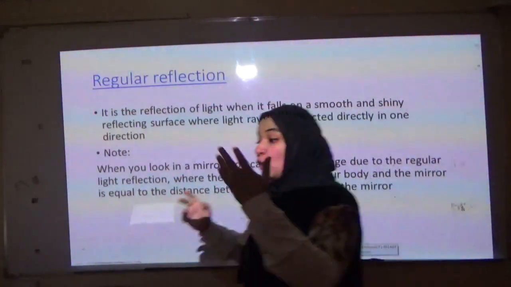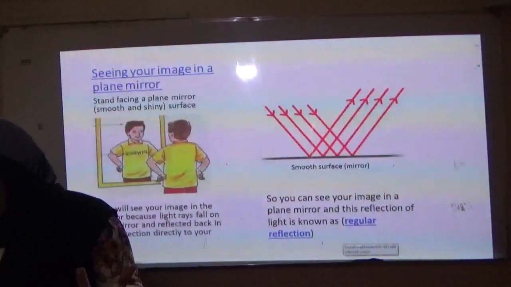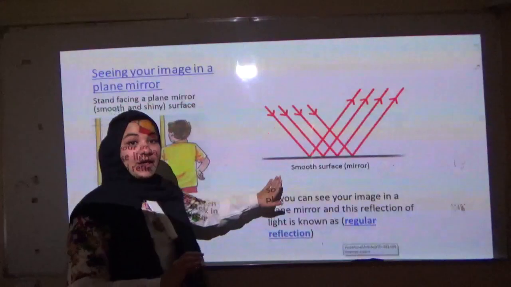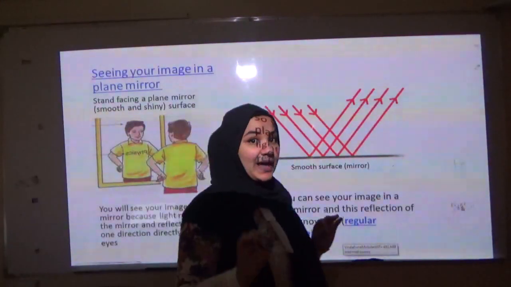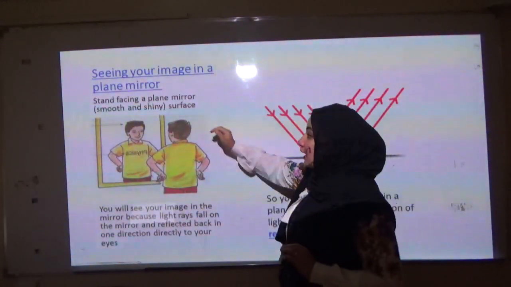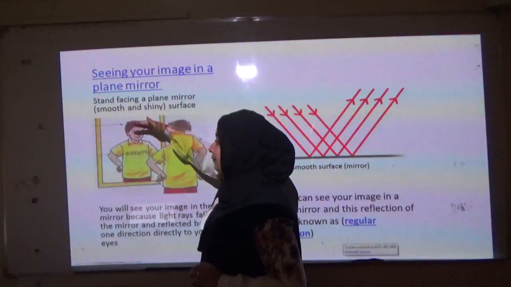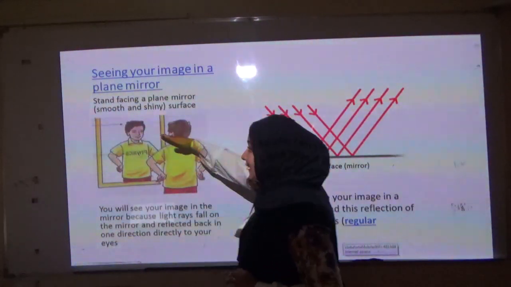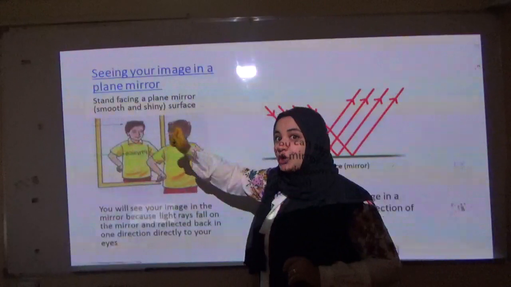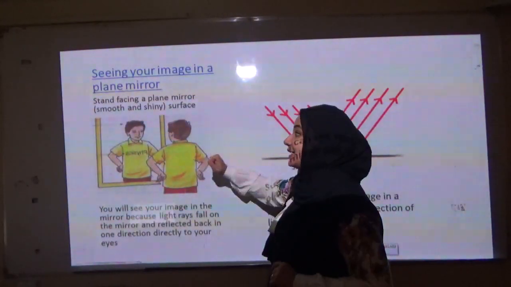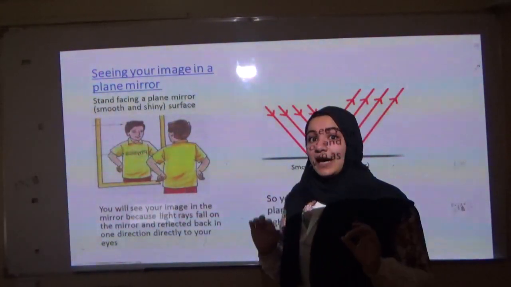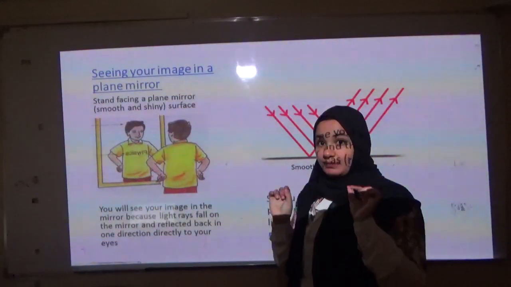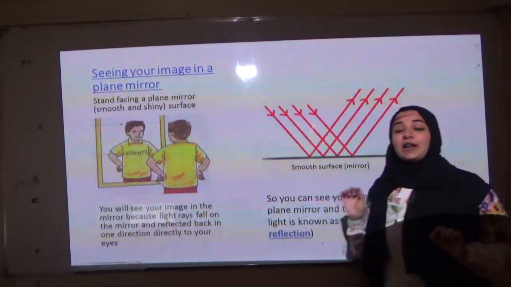So again, what's meant by regular reflection? For example, the mirror. The mirror is a smooth and shiny surface. The light falls on the mirror and then becomes reflected directly to your eyes, so that you can see yourself. This type of reflection is called regular reflection.